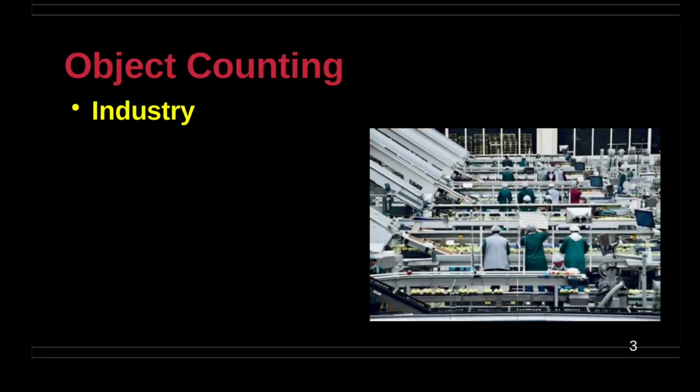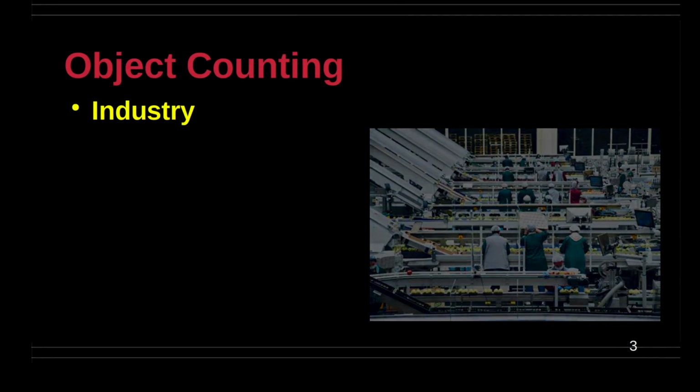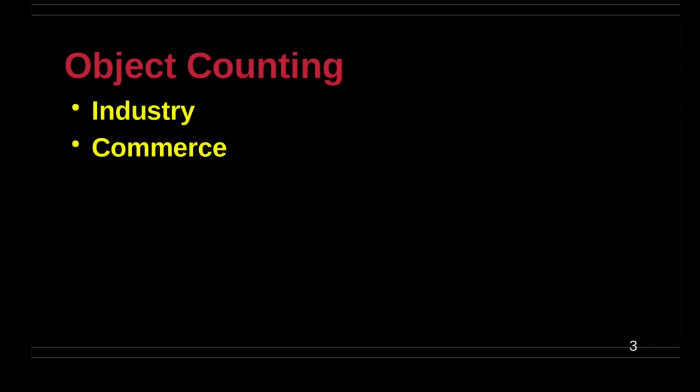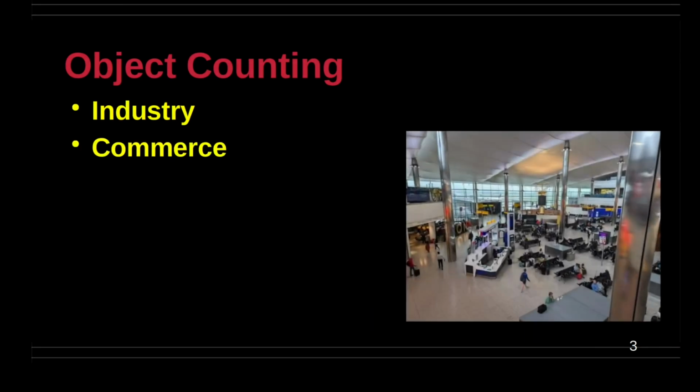We've covered the basics of counting in YOLO in previous tutorials, but please bear with me as I rehash those principles for this presentation. Object counting using deep learning models has a wide range of applications across various industries.